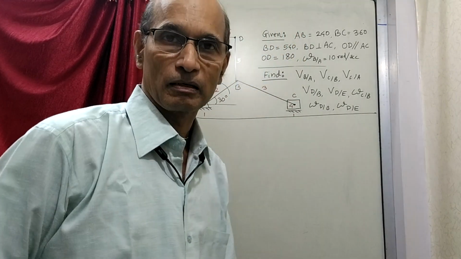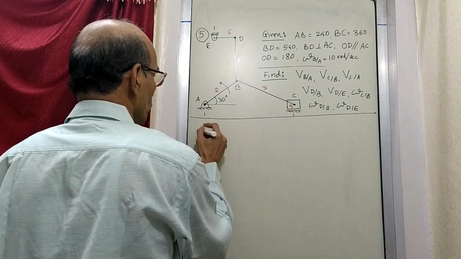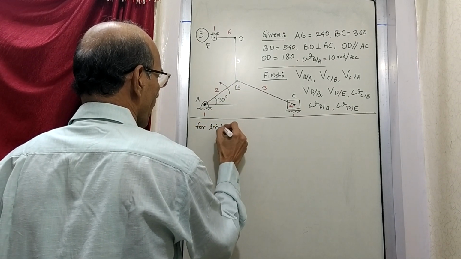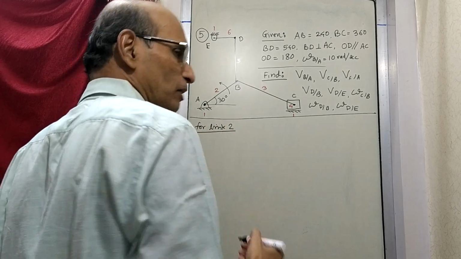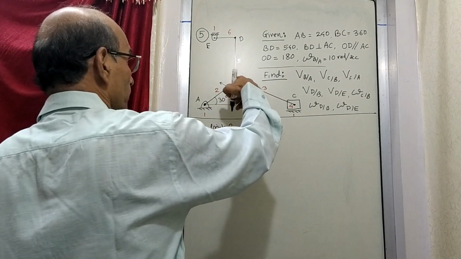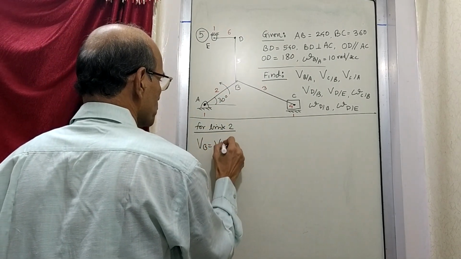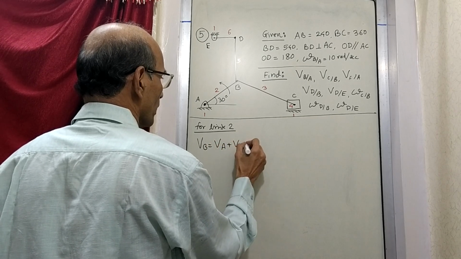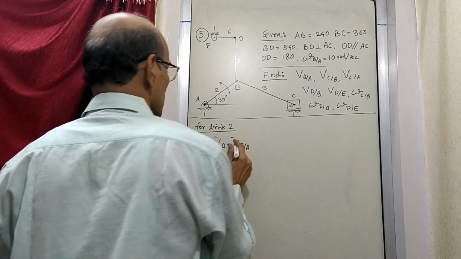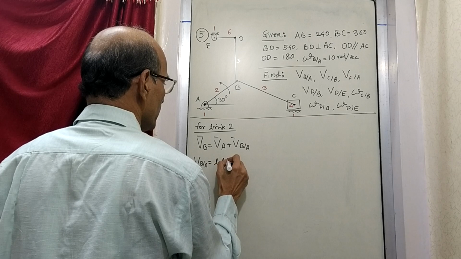So we are going to start as usual by considering the first link, that is link number 2. For link number 2, you will find that we are following the same procedure. Velocity of some other point which you want to know is equal to velocity of a known point plus velocity of B with respect to A, where this is given by length AB times omega.